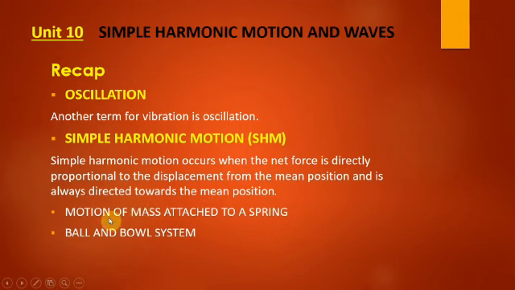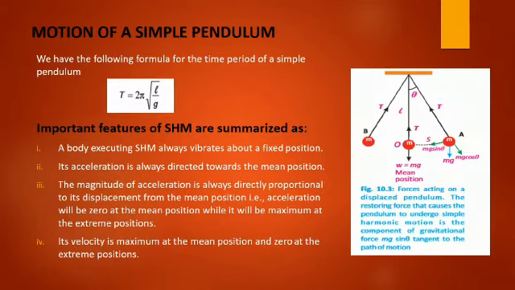Then we proved two examples, motion of a mass attached to a spring and a ball system, that these were executing simple harmonic motion. Students, today's lecture is also about simple harmonic motion, and we are going to discuss the third example, that is motion of a simple pendulum.